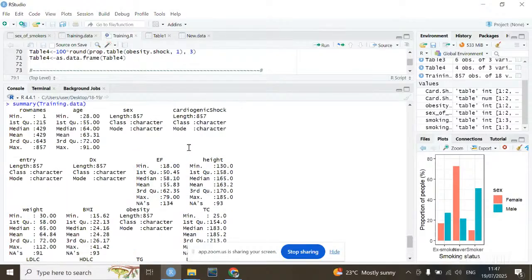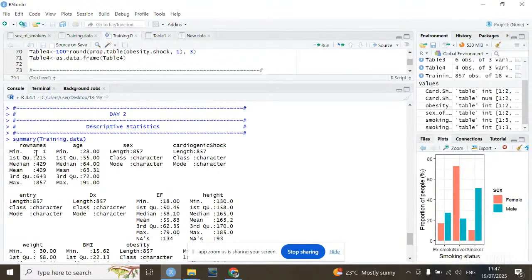After running the command, it started from row names, then it came to age. When you look at the age, the minimum is 28, the first quartile is 55, the median is 64, the mean is 63.31, the upper quartile is 72, then the maximum.